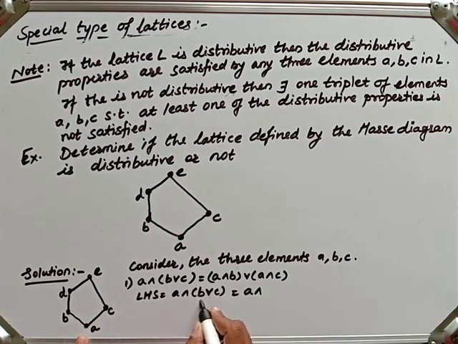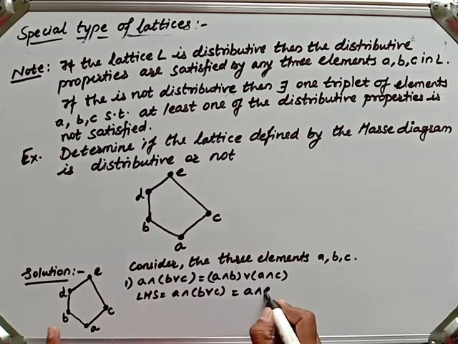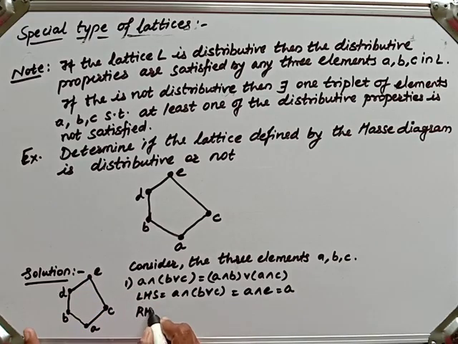Now first of all, B join C means the least upper bound of them, which is E. Now A meet E means the greatest lower bound of A and E, so it is nothing but A itself. Now let us check RHS.